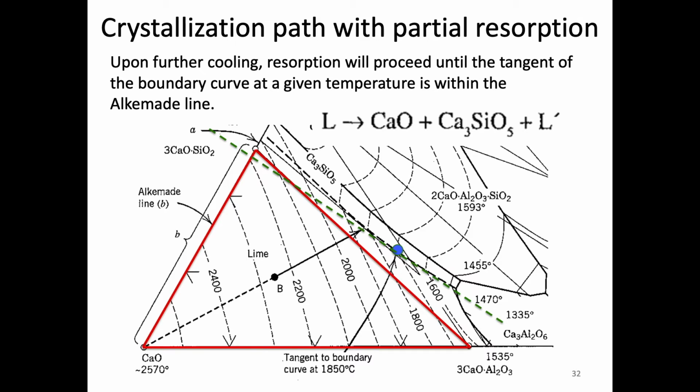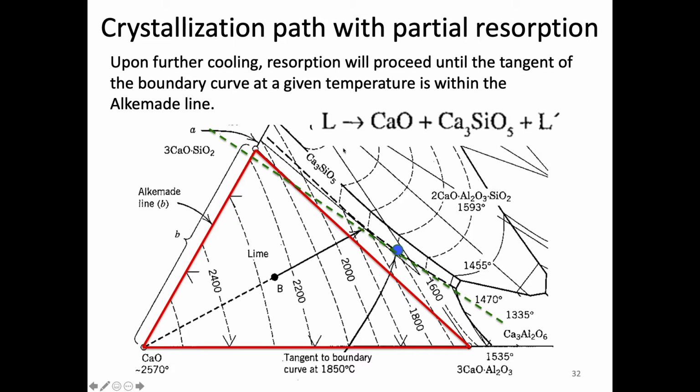And so in this case, if I draw another tangent here, I can see that my tangent now is going to be different. And in fact, you can see up here that this tangent now is within this alite line represented by B. So this tells us that the calcium oxide no longer has to be consumed.